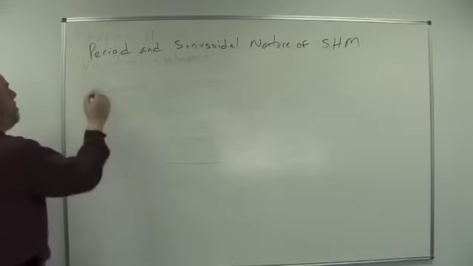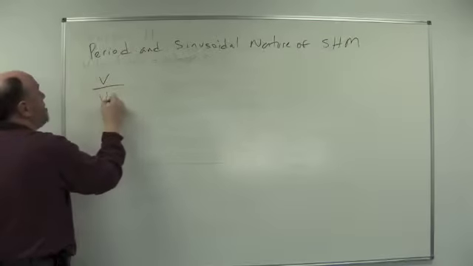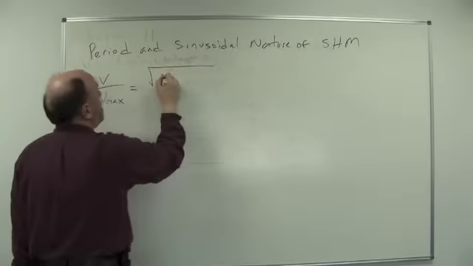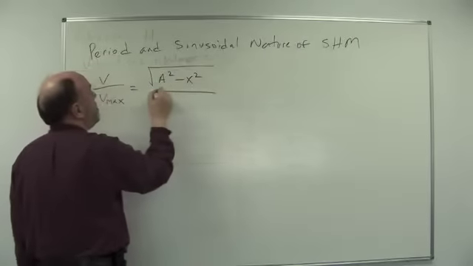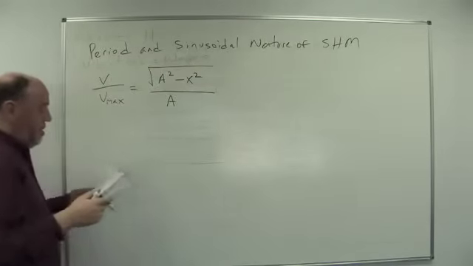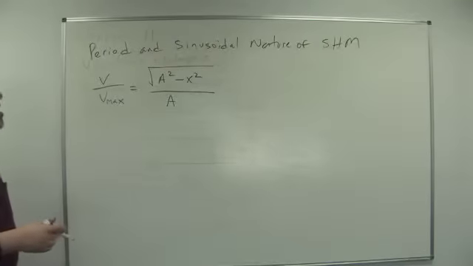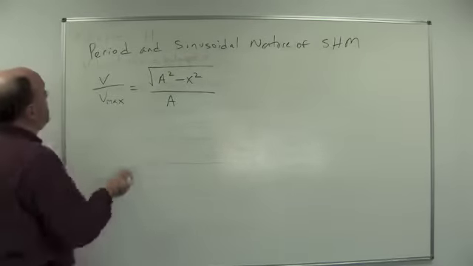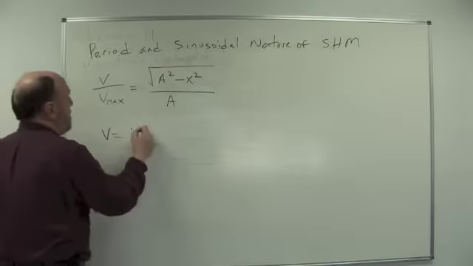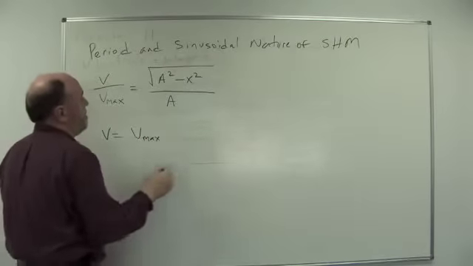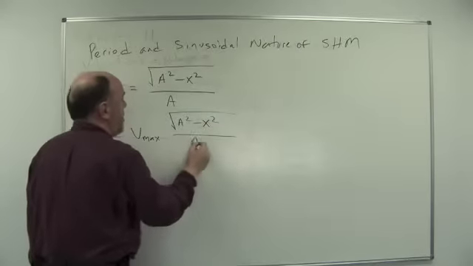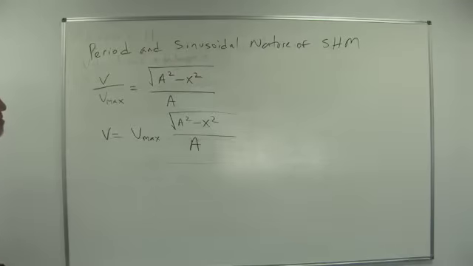So in terms of this, we look at the velocity v over v max will equal the square root of a squared minus x squared, divided by a. So in this, a is the amplitude, x is the displacement at any given time. And so we can solve this, and so v is going to equal v max times the square root of a squared minus x squared, all divided by a. Okay?